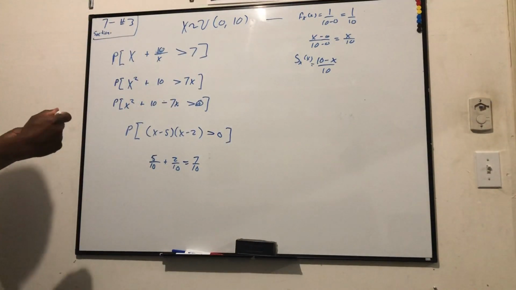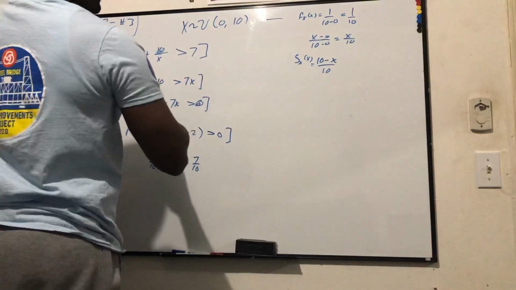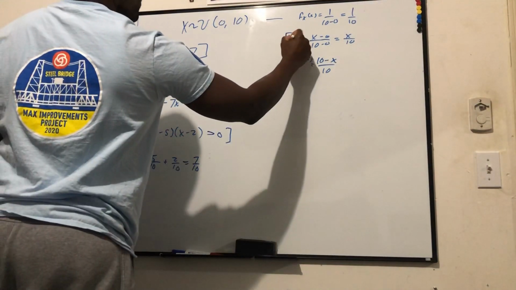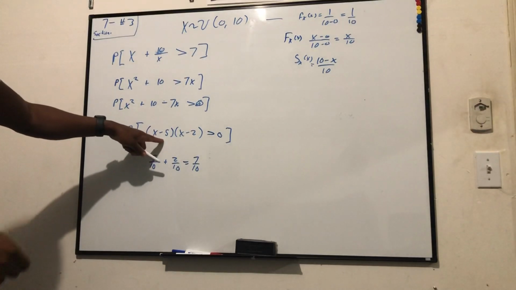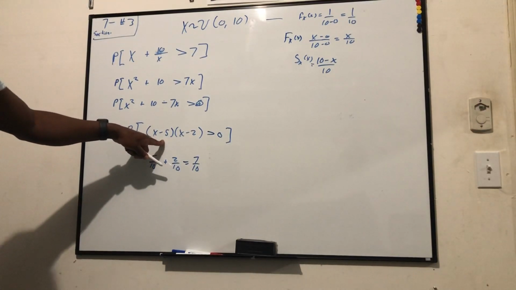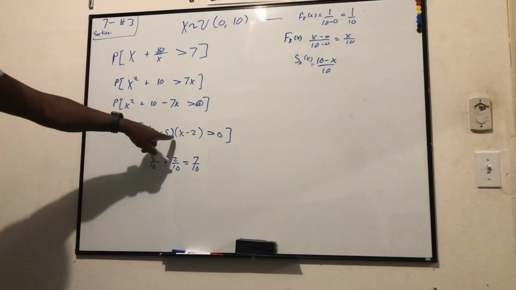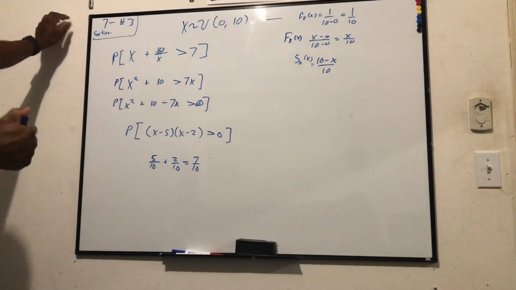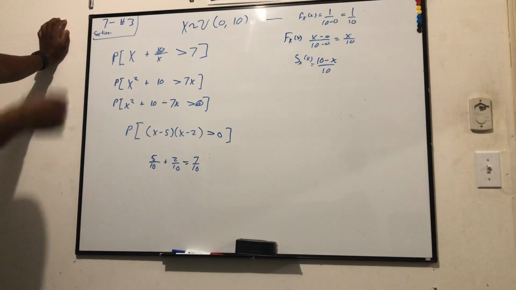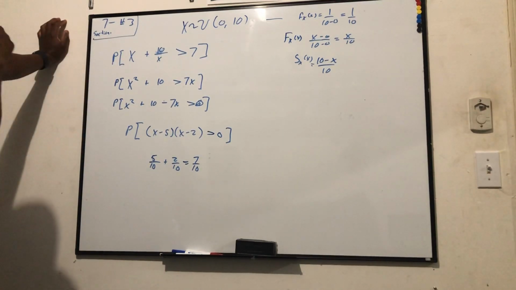Okay. Yes, we can see that this is a CDF, right? But is this the true CDF? Do we know that? It sort of shows up in here, but okay, I don't know. I mean, is this the CDF? The CDF is supposed to be x divided by 10, right?